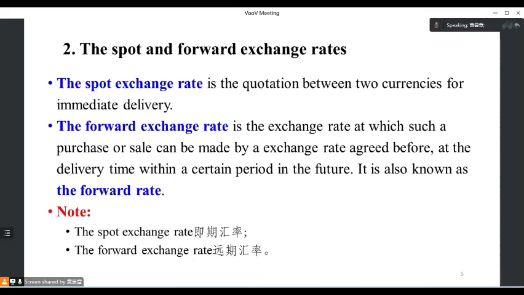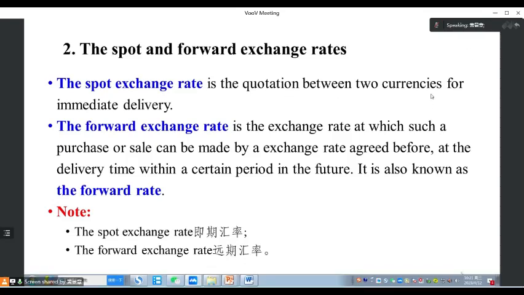The spot and forward exchange rate. Let's see the definition. The spot exchange rate is a quotation between two currencies for immediate delivery.